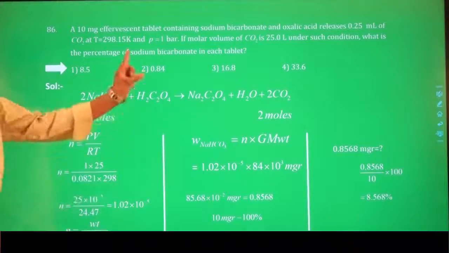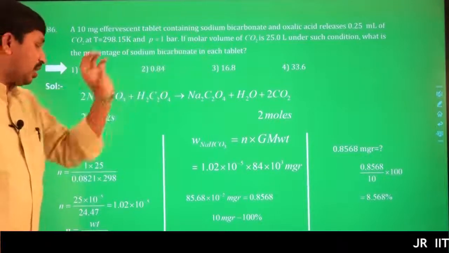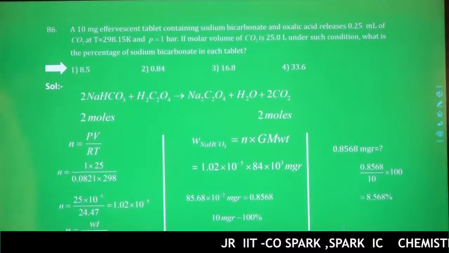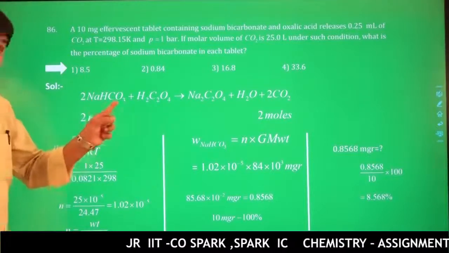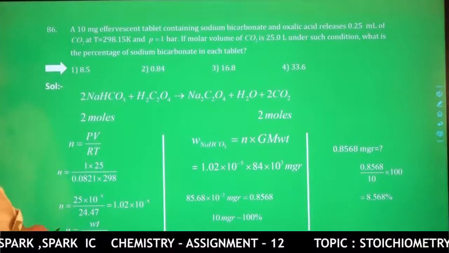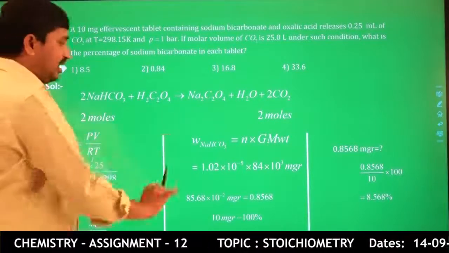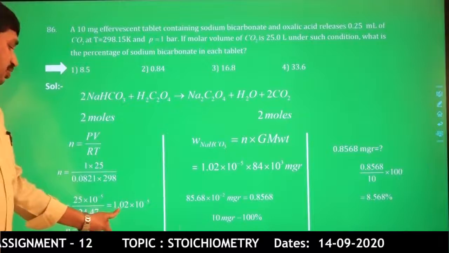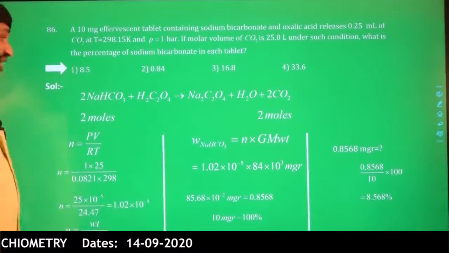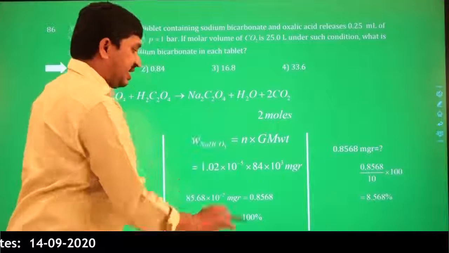The number of moles of sodium bicarbonate in the tablet is 1.02 into 10 power minus 5. Now you need to find the weight of sodium bicarbonate present in the tablet. The weight of sodium bicarbonate is equal to the number of moles into the gram molecular weight. The number of moles of sodium bicarbonate is 1.02 into 10 power minus 5, into its gram molecular weight, which is 84.